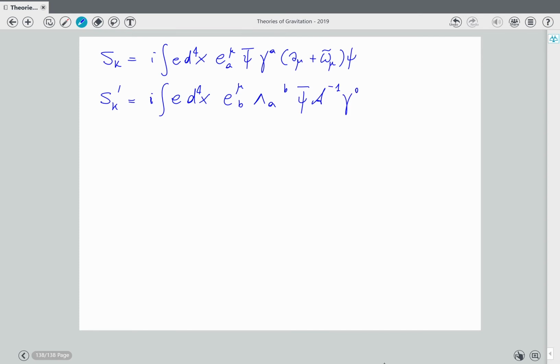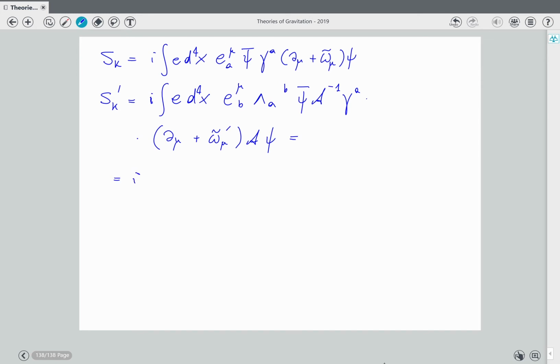Gamma A is invariant. Gamma A is a set of numbers, so you copy it. And then you have partial mu, it stays. Then you have possibly a transformation of this object, because this is a connection, so who knows? And psi, curly A, goes into curly A psi. Okay, so this is what you get.